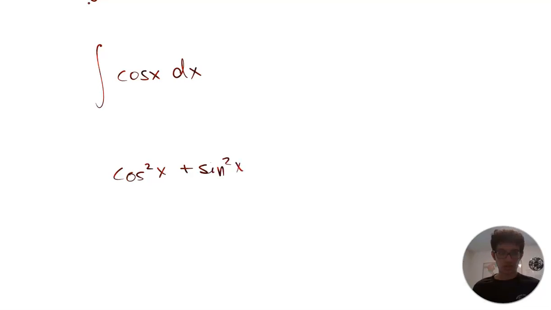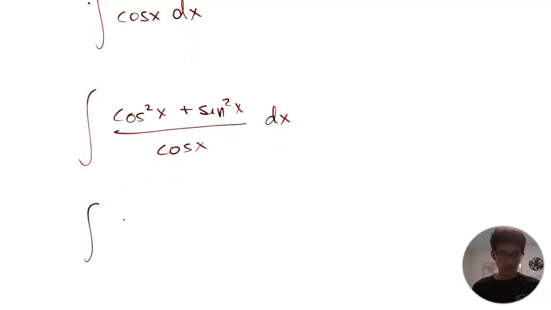The reason I'm doing this is because we're going to divide by cosine of x, which is the exact same thing. Now we can break this up a little bit more. This will become cosine squared x over cosine of x plus sine squared x also over cosine of x, and then we have the dx.